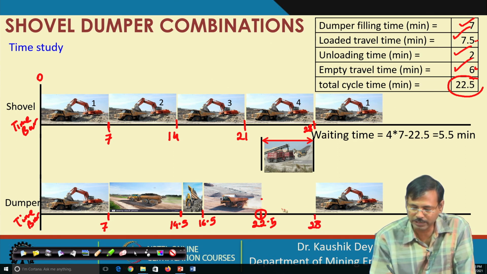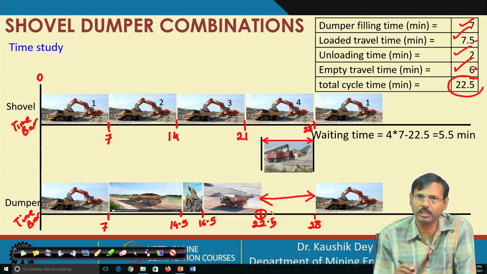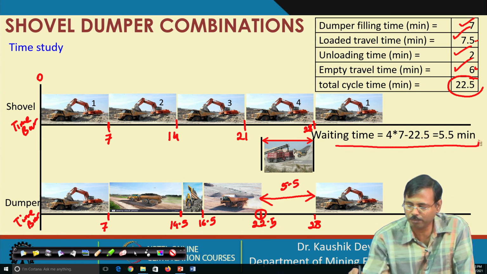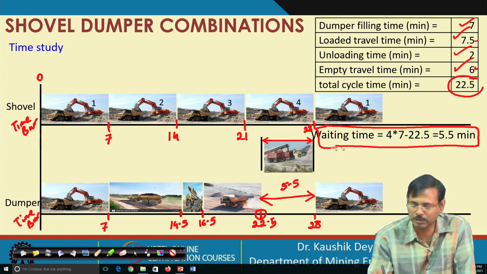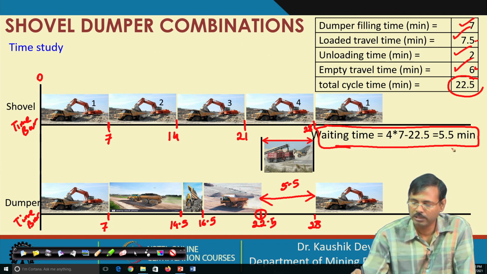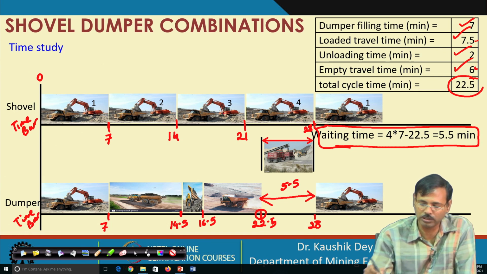Up to that time the damper has to stand waiting for loading, and this time is 5.5 minutes. So, the waiting time for the damper at this position is 5.5 minutes, and this is found from this, because we have taken 4 dampers.